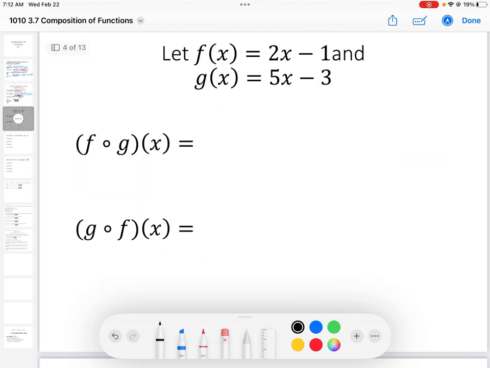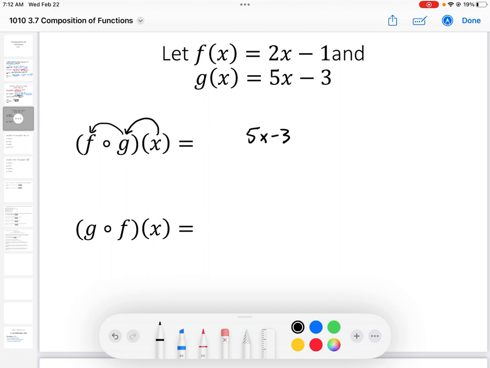And there's one other type of problem that you'll see on your homework, and it's called a composition of functions. So if you're doing f compose g of x, what that means is you take x and you put it into g, and then you take the result and put that into f. And so what this would look like is you would say, okay, if I take x and put it into g, then I get 5x minus 3.